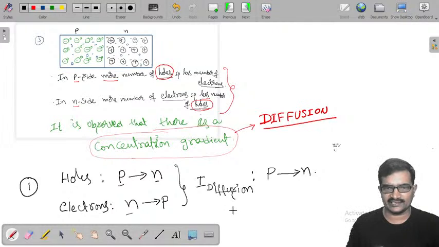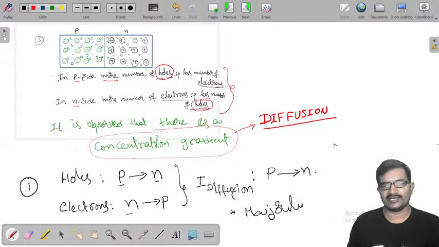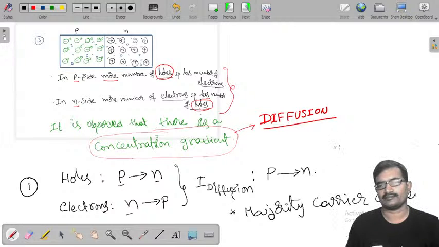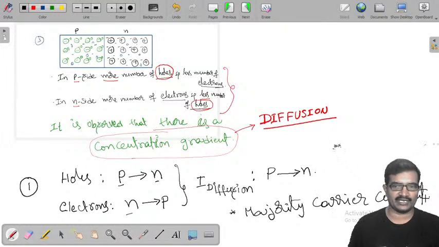Therefore it is a majority carrier current. Now, whatever diffusion movement you mentioned, I'm going to implement that diffusion movement in this plot.